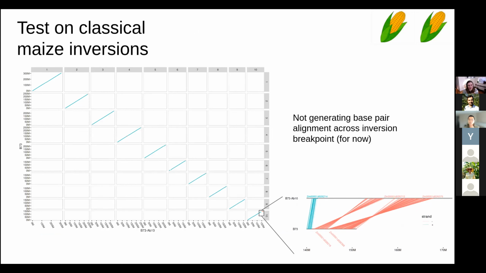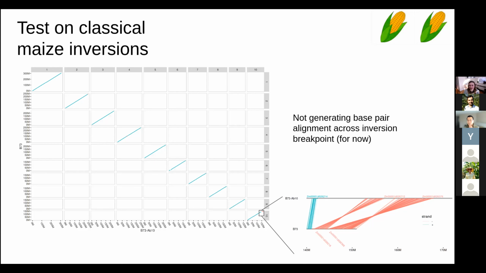Now, this B73 AB10 is an inbred line that's been generated by recurrently backcrossing an individual with abnormal chromosome 10, which carries the meiotic drive locus, into a B73 background. So we expect, except for that focal locus on chromosome 10, there to be near perfect alignment across all of these chromosomes, which we indeed see.